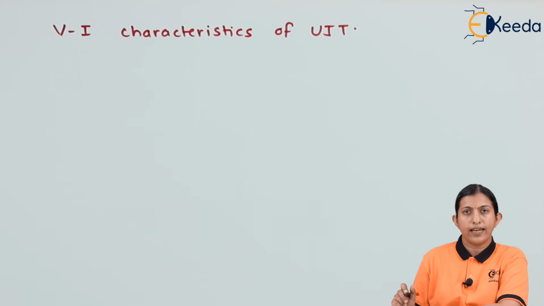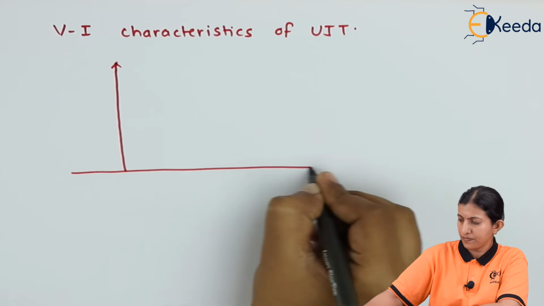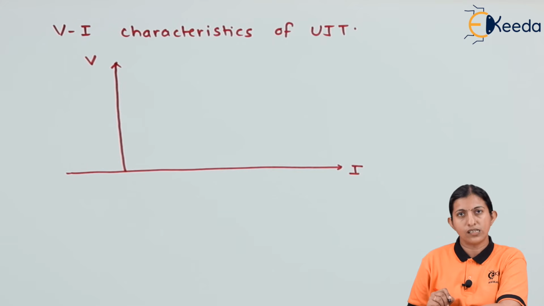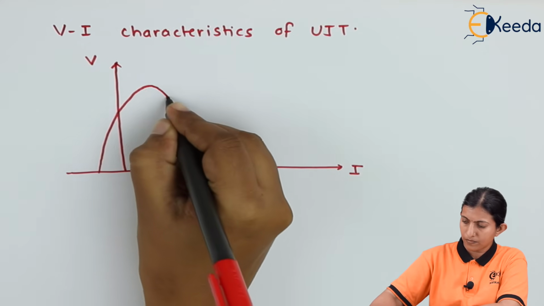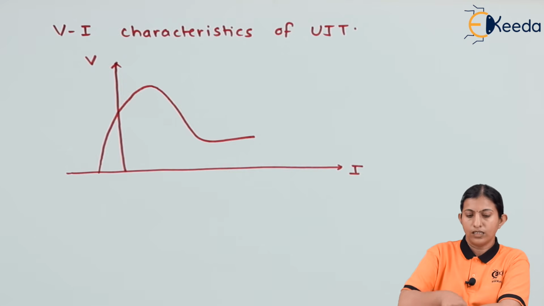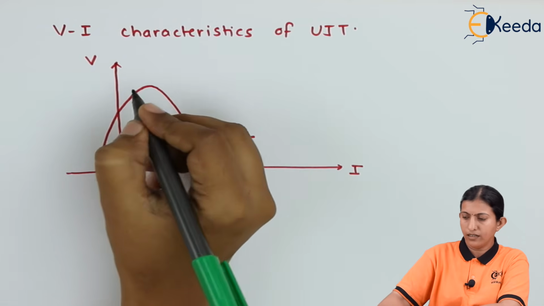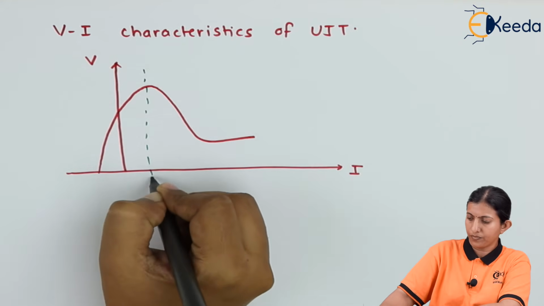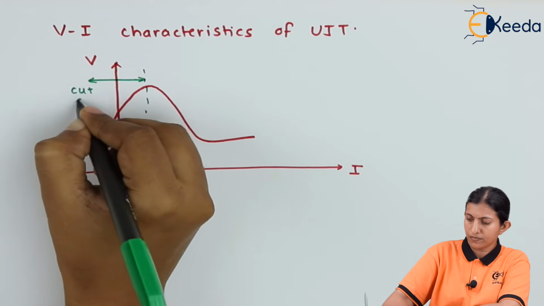Then the next is the VI characteristics of UJT. It is the graph of V versus I. This graph is basically divided into three regions. The region to the left side of the peak point is called the cutoff region.